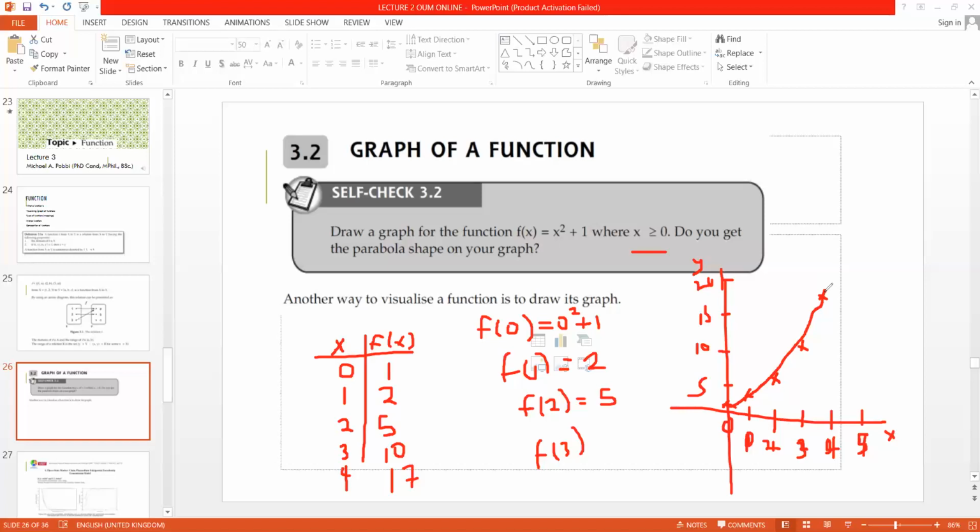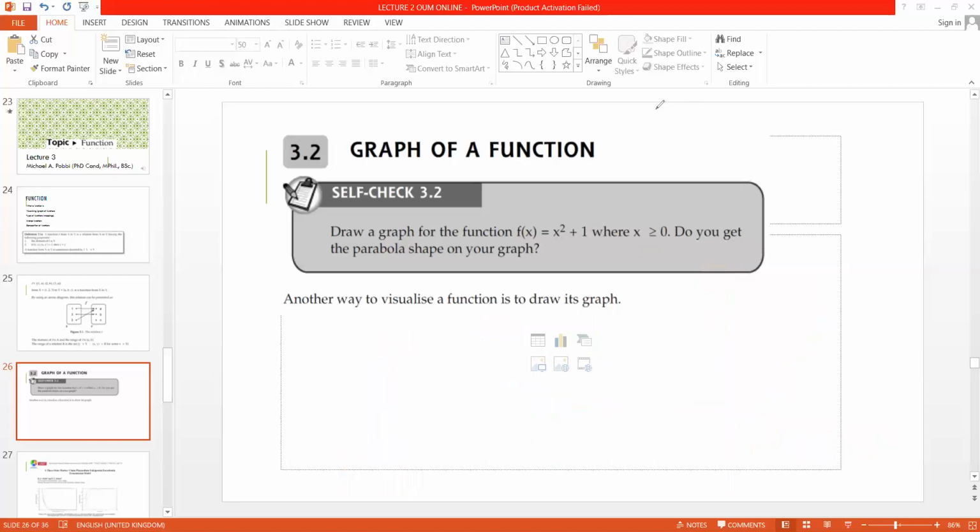That will also help you to plot a graph of a quadratic function. Good. Then again, I'm going to introduce you to other forms of function, which we call a piecewise function.